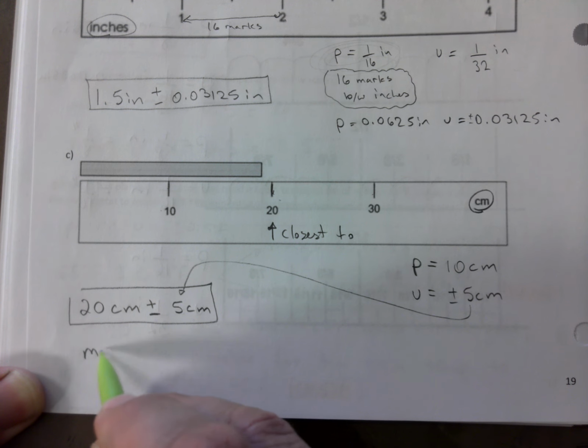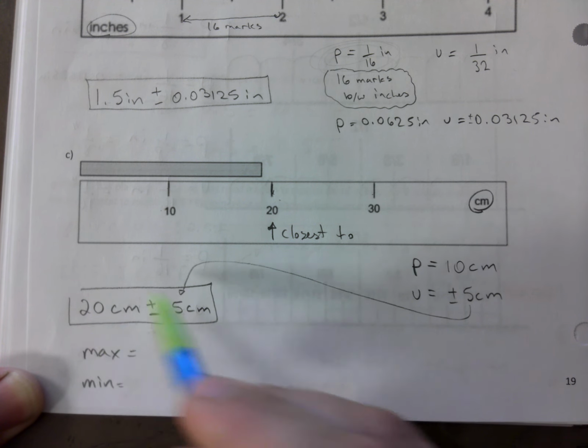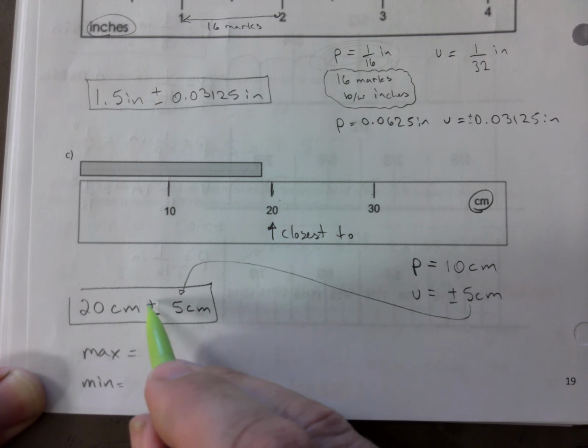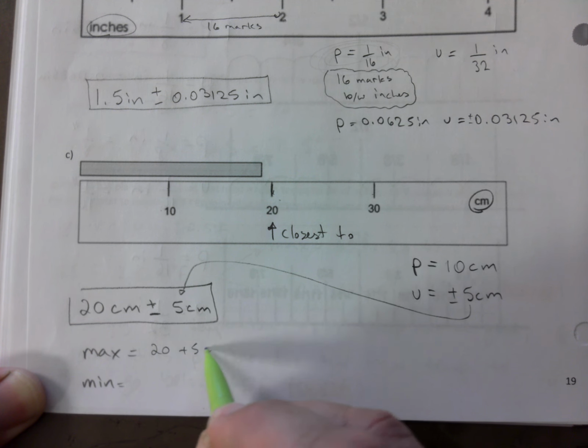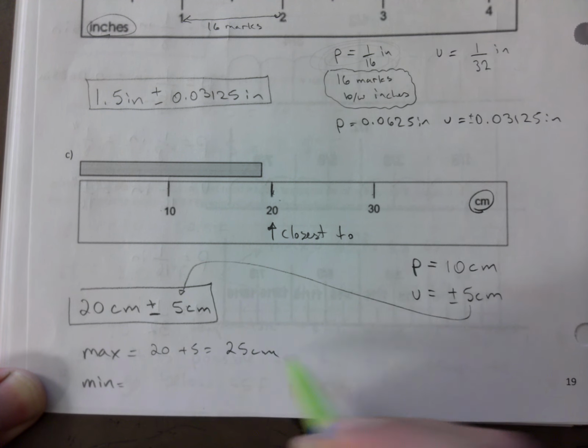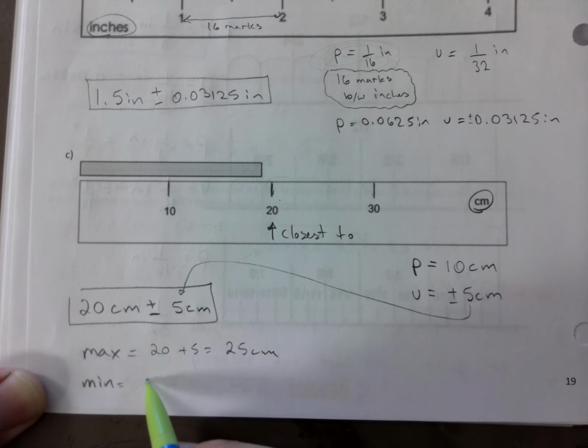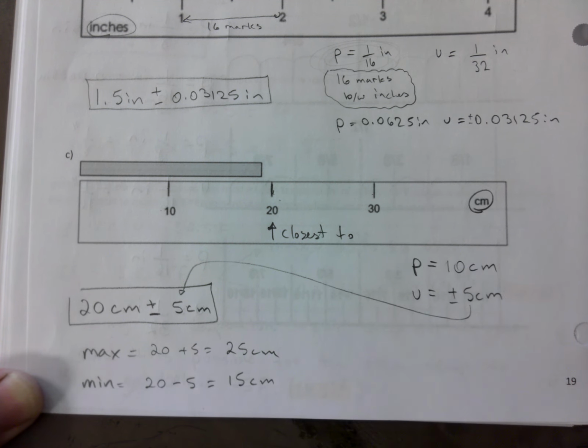We are not done yet. I forgot also on the top there's a max and a min measurement that could result from this. The max is when you add, and the minimum is when you subtract. So for us, this piece could be as long as 25 centimeters or as short as 15 centimeters.